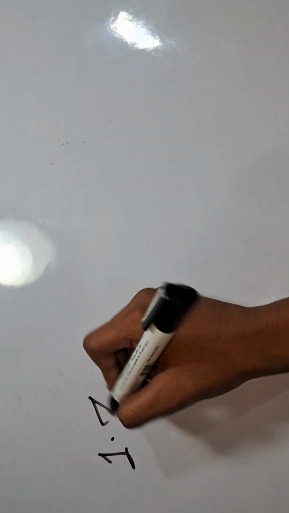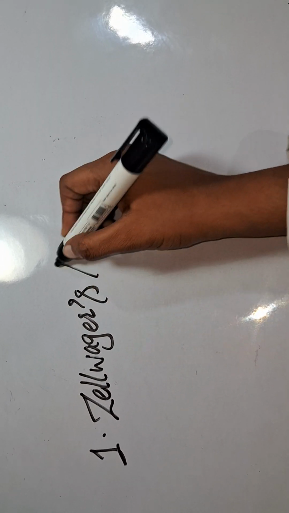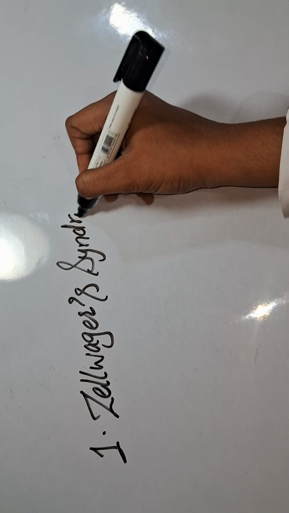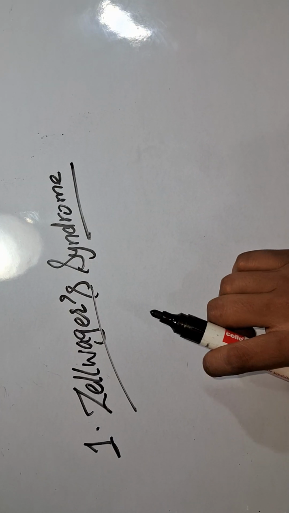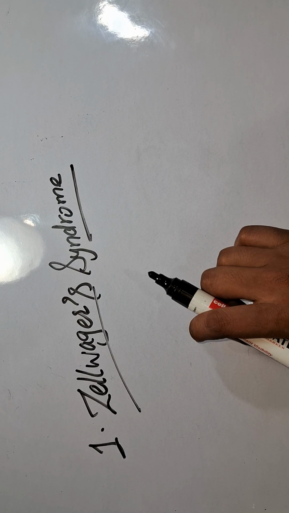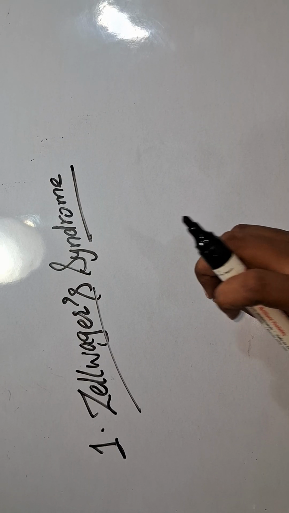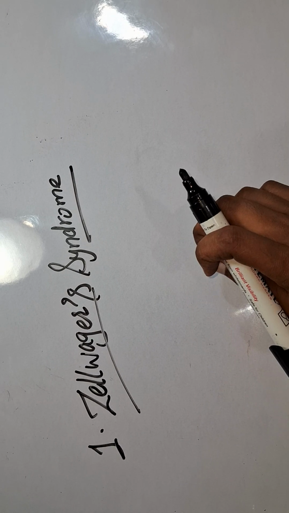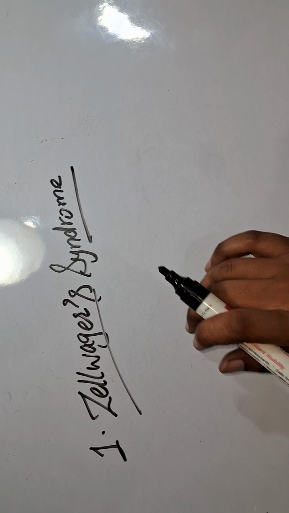And in this, our main concern is with Zellweger's syndrome. As we have already discussed about the peroxisome, the main function of peroxisome is to deal with the oxidation of the very long chain fatty acids. How it will affect if it will not perform its function?